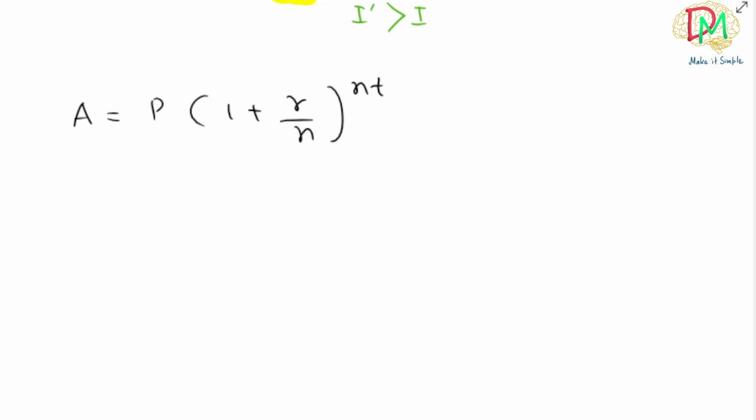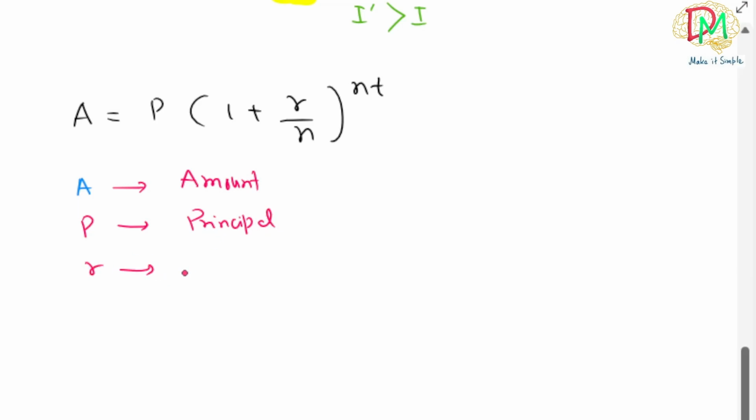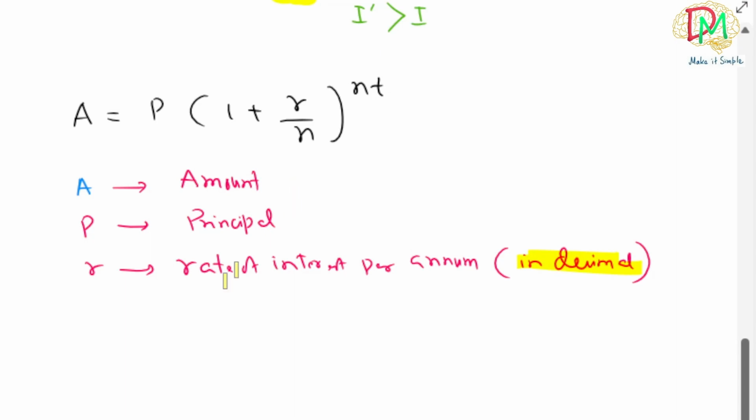We should know all the terms, that is A is amount and P is principal and r is rate of interest per annum, obviously in decimal. It is very, very important, otherwise you have to change this formula.